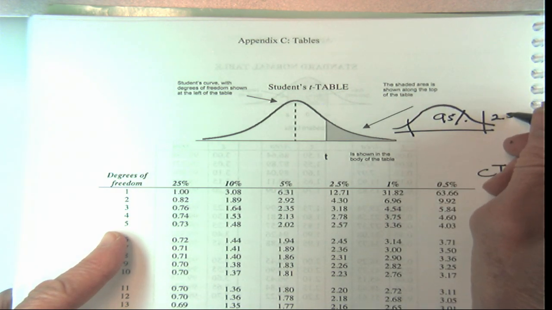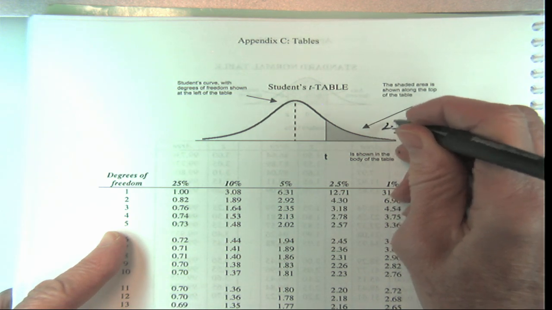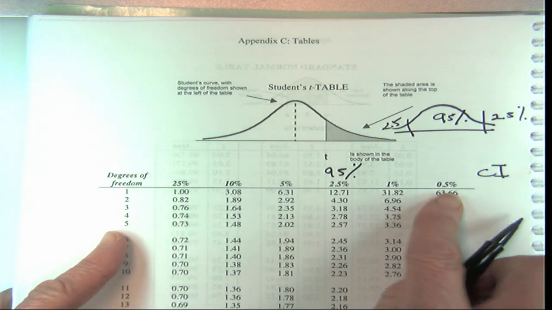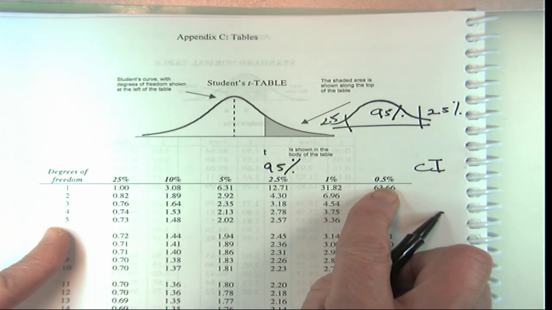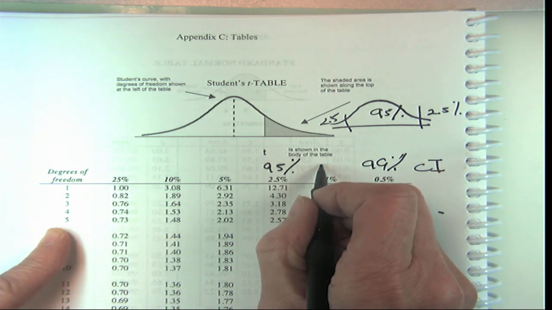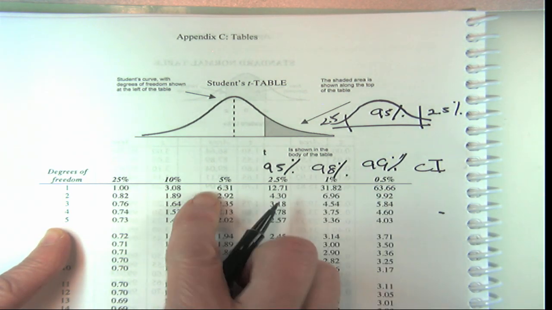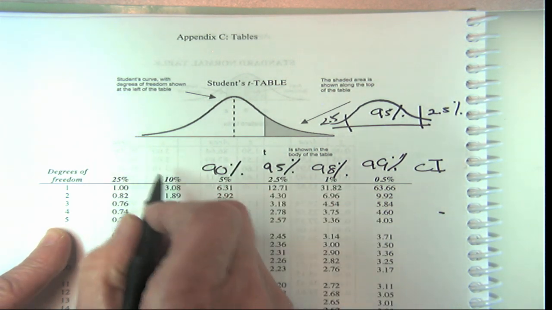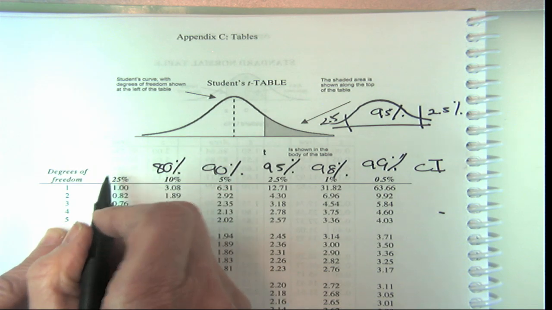That would be 2.5% on each tail. So that would be this one. What would this one be? This would be a 99% confidence interval. This would be a 98% confidence interval. What would this, 5% on each tail? 90% confidence interval, 80%, etc.